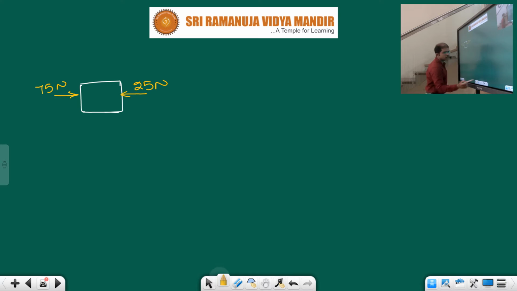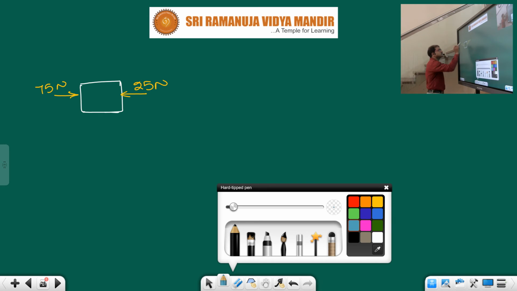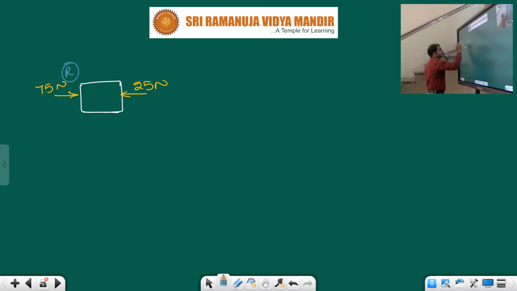In which direction is this 75 newtons acting, children? Towards right. 25 newtons is acting towards left. Okay, both are in opposite direction. So initially, in which direction does the block move? Okay, this is the given question: 75 newtons towards right, 25 newtons towards left.